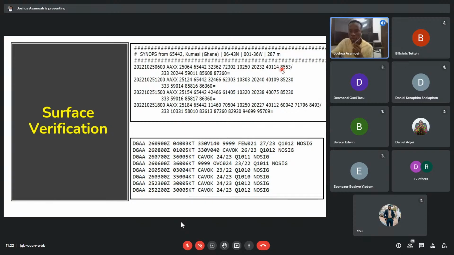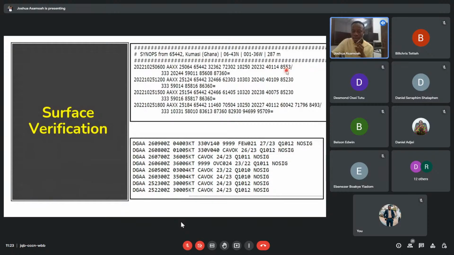And then we go to the 8 group telling us the cloud that we have. So 8 is an indicator for cloud. The 5 is telling us the amount of the lowest cloud. So it could be low clouds, it could be medium clouds, but if it is a high cloud, you don't bring it there. So if you have, say, 5, this 5 means that the lowest cloud amount is 5 oktas.